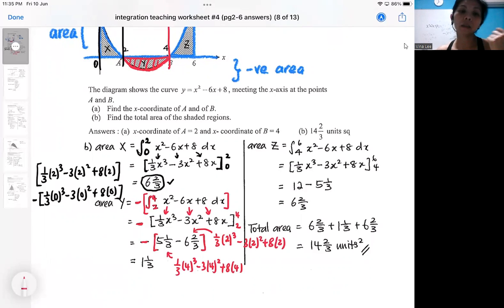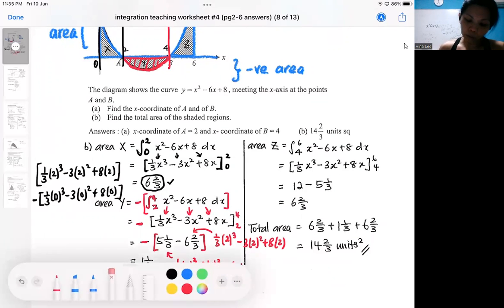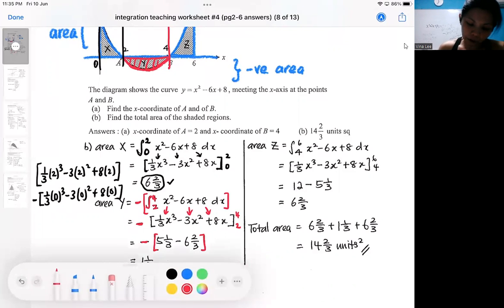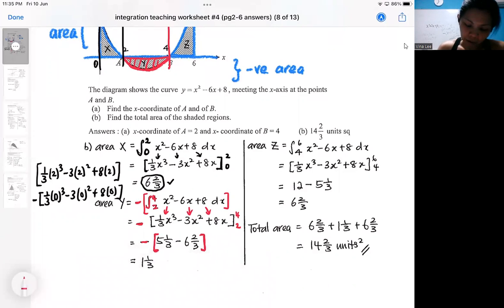So it's top minus bottom. If you just punch this inside part, you are getting a negative: -1 and 1/3. And because you introduce a negative, the area became positive.